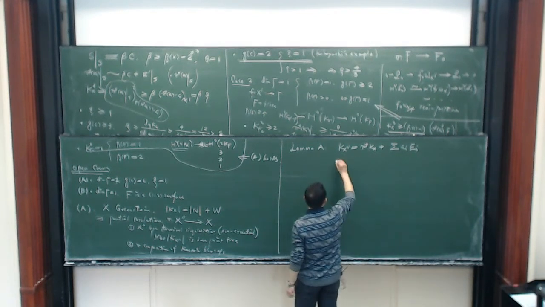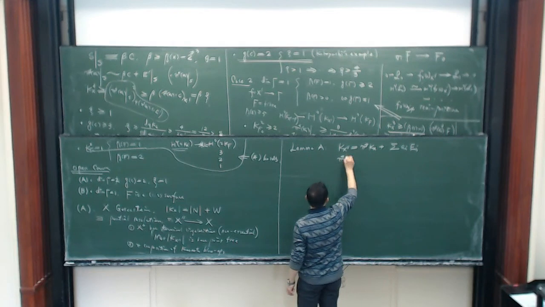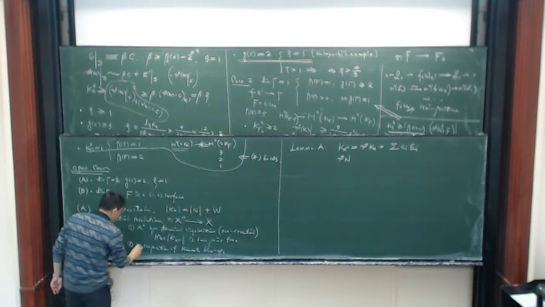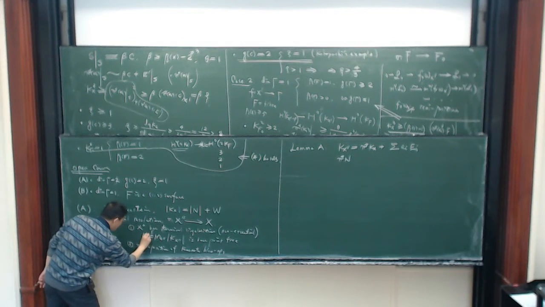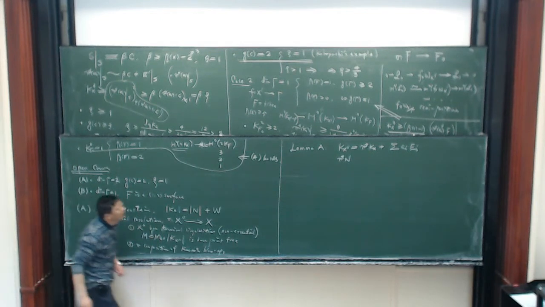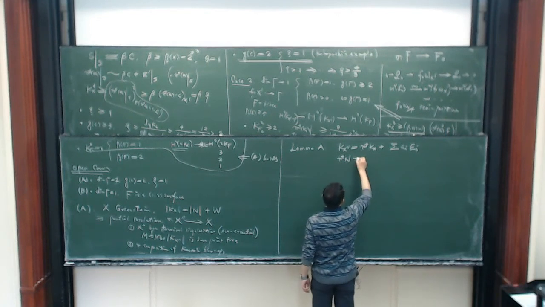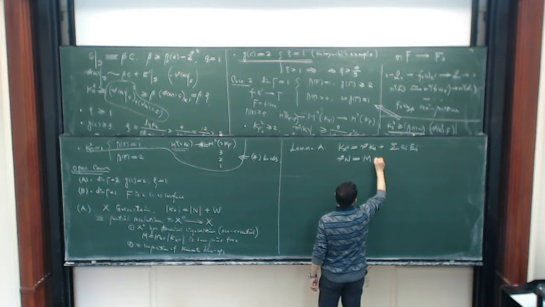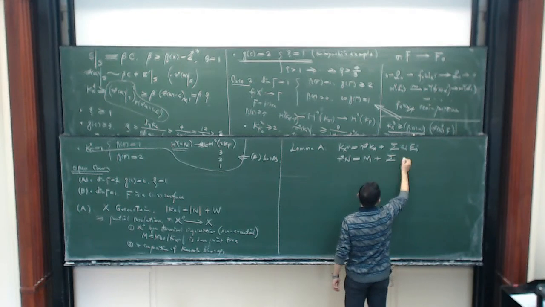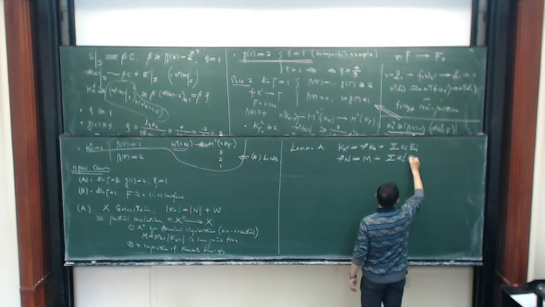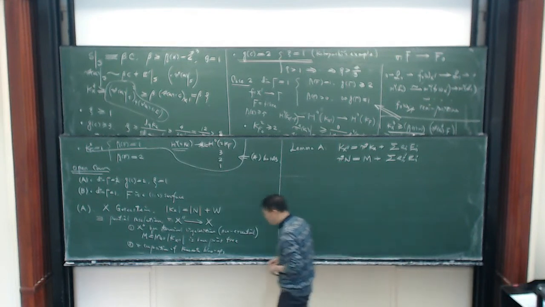On the other hand, we can write pi star N, here let me write this to be M, which is base point free, as M plus sigma E_i prime.